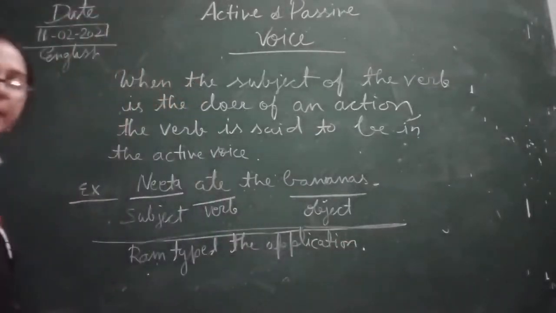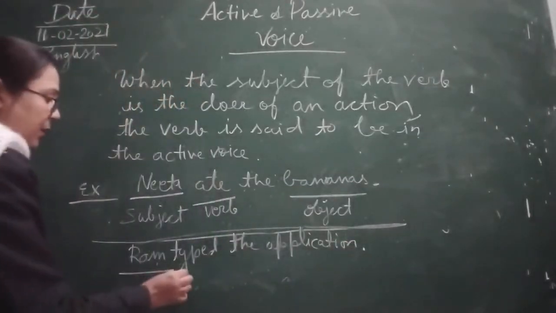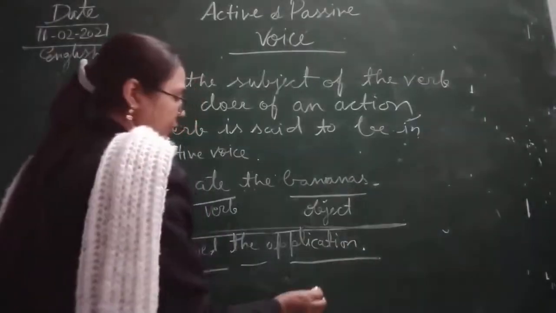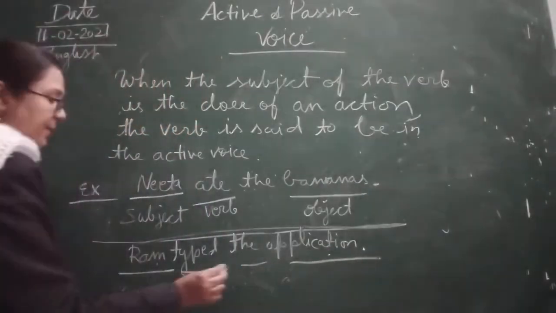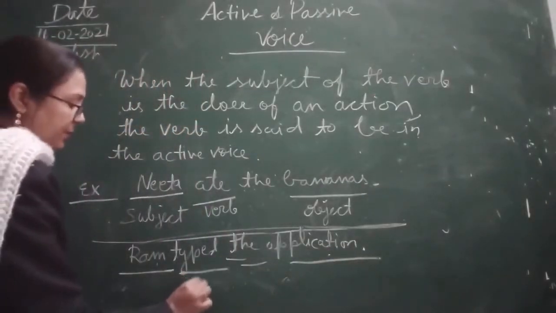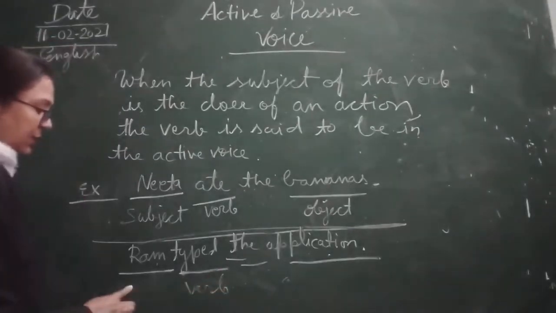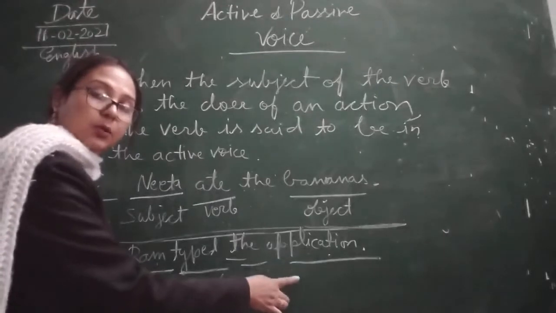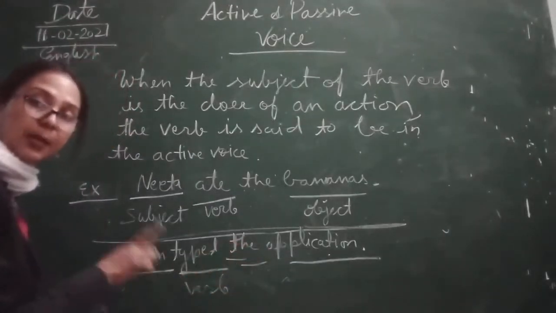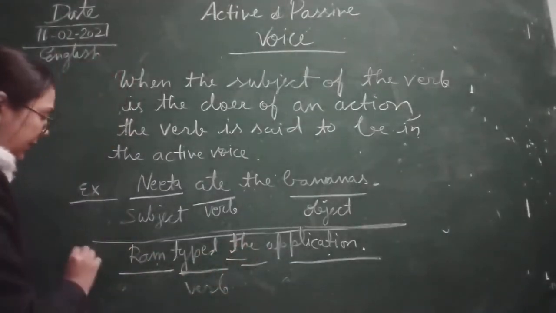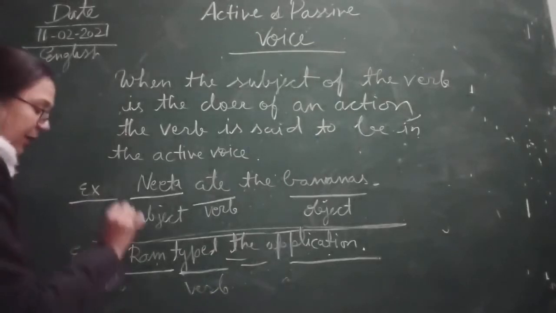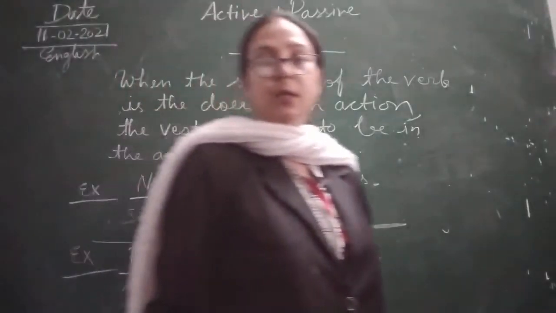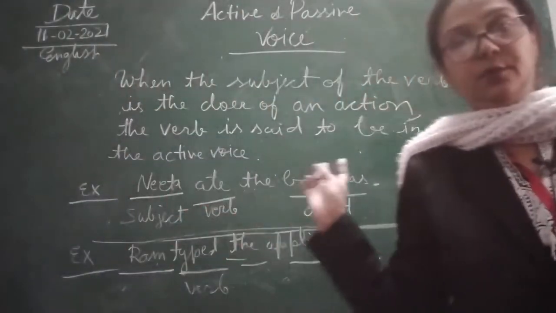Now children, you can see Ram typed the application. Typed is a verb. Who is doing this? Ram is doing this. And what is he doing? He is typing the application. Now here it is again an active voice. Okay children. So this is called active voice.